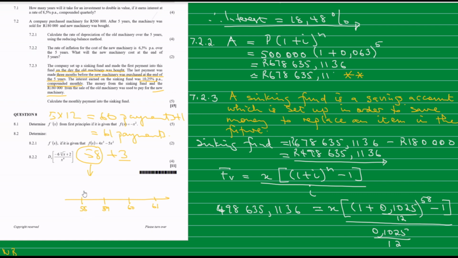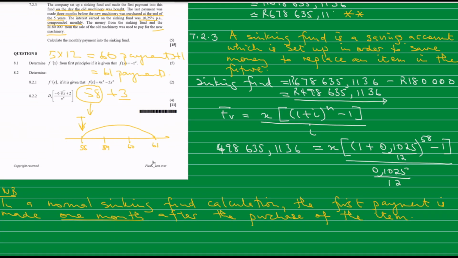So we stopped paying at installment number 58. It means that our amount had to stay in the sinking fund for 3 months. So we are going to take this amount and compound it for the next 3 months. At 58, these are the total number of installments that we made. So we raise that to the power 3.